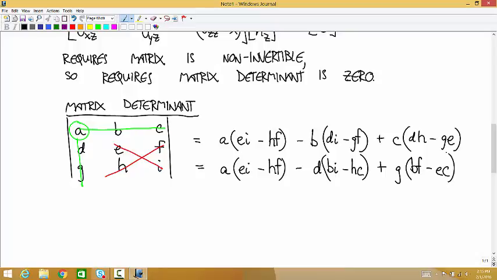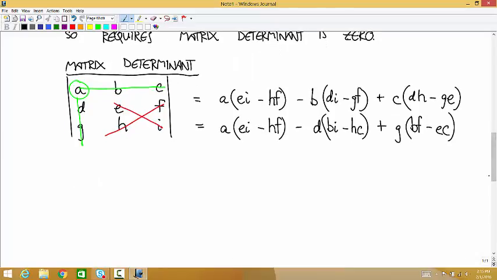And you can actually do it with any row or column. There's some things you have to worry about, but those are good enough for us. And anyways, I think all your calculators calculate determinants for you. If they don't, come talk to me and we'll make a program that does it. So you don't ever have to calculate that yourself.